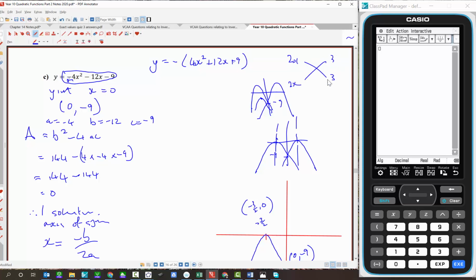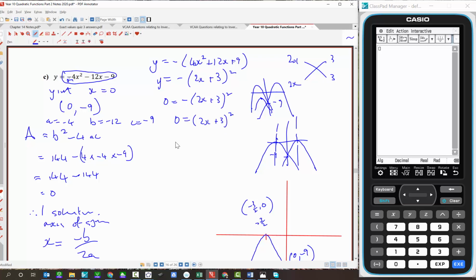That's going to be 6 and 6. So this is y equals negative 2x plus 3, all squared. And then if I solve that to get the x-intercept, 0 equals negative 2x plus 3, all squared. If I divide by the negative, I'm going to get 0 equals 2x plus 3, all squared.